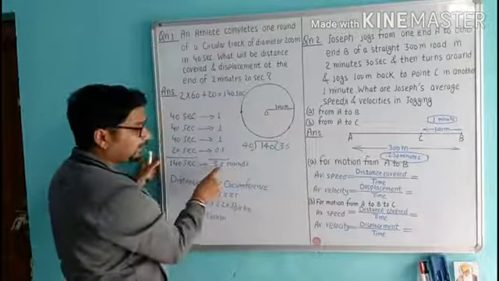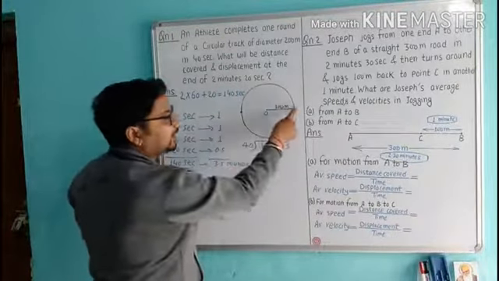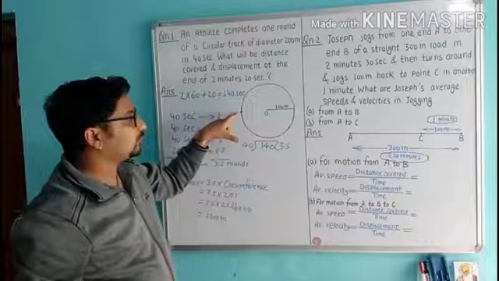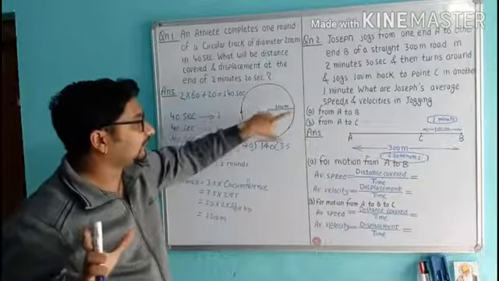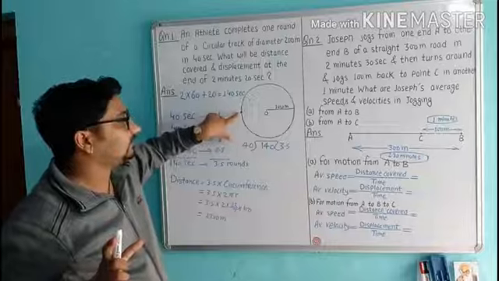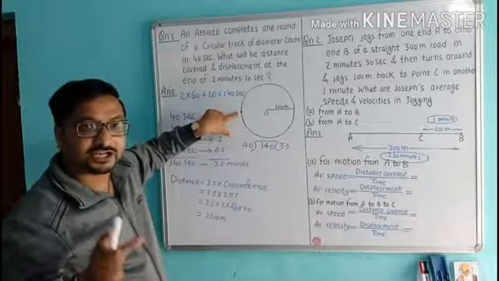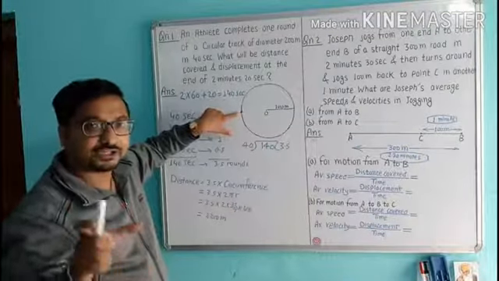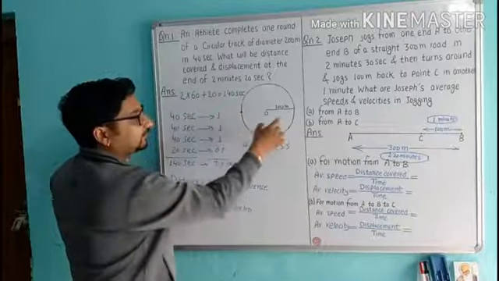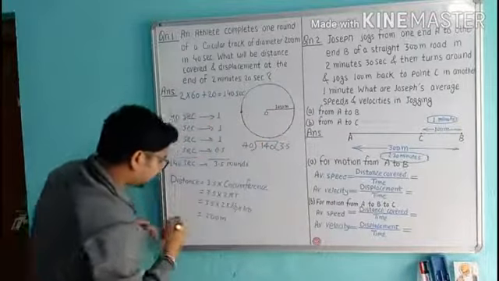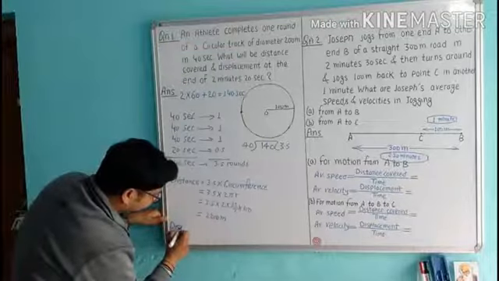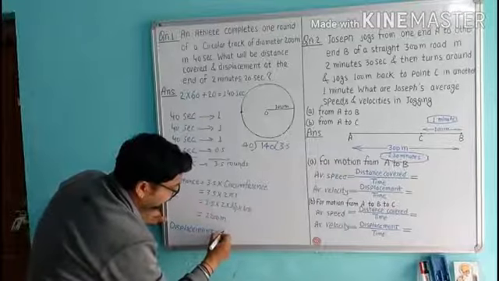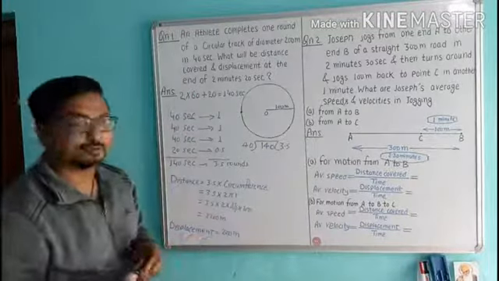Then for the remaining half round, the athlete will be diametrically opposite to the initial position. After 3.5 rounds, the athlete will be here, 100 meter, 100 meter. That means displacement will be 200 meter.